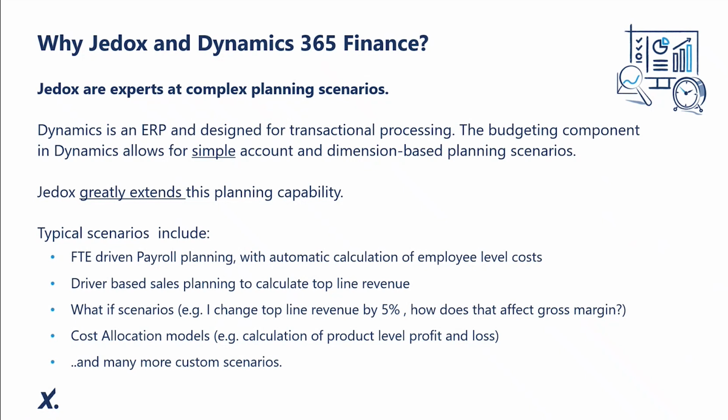Also, driver-based sales planning, where you can calculate the top line, change a driver, and see what the cost is going to be. Different what-if scenarios: if you want to change a top line thing by 5% or 10%, how's that going to impact your gross margin? And you can have it unlimited in different scenarios, cost allocation models, and many other different scenarios.